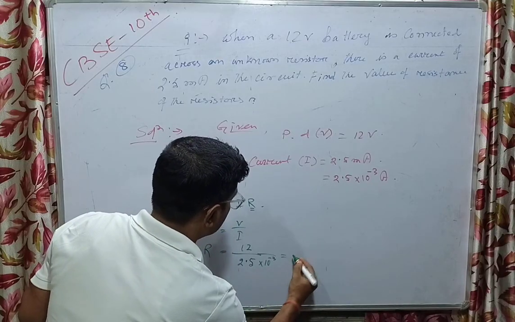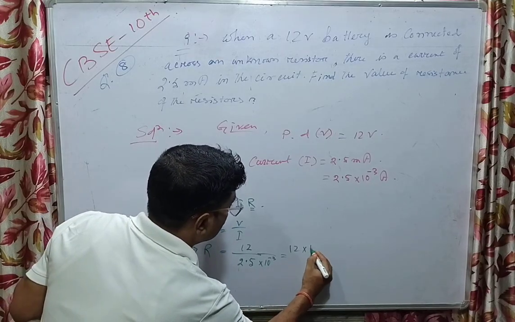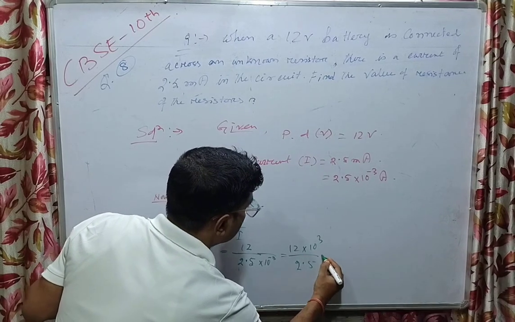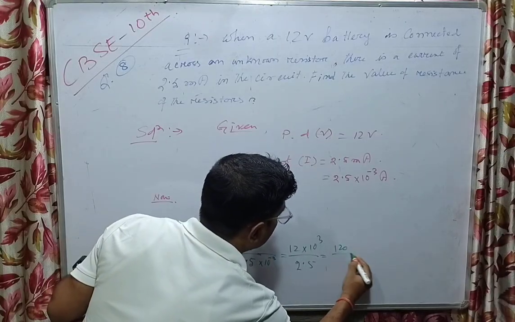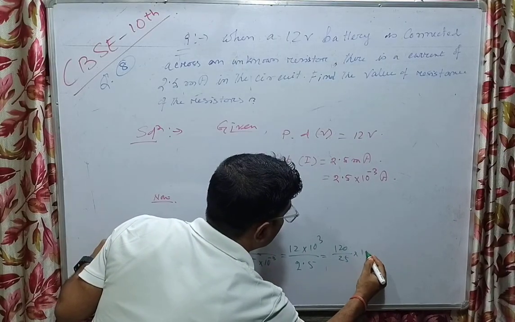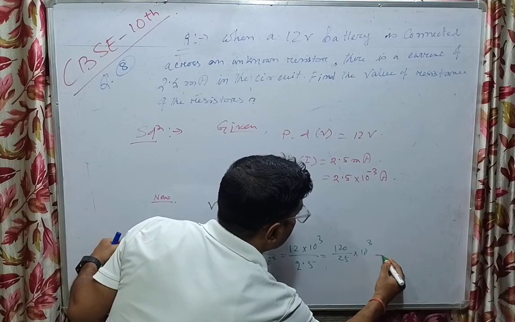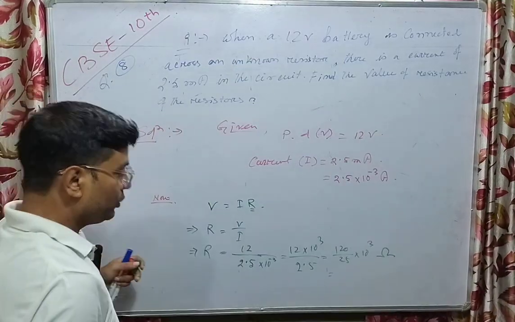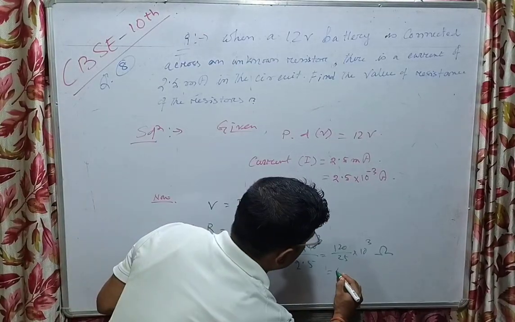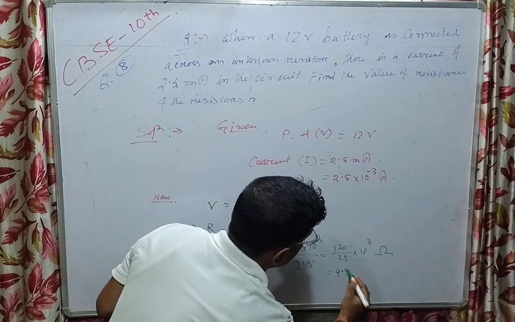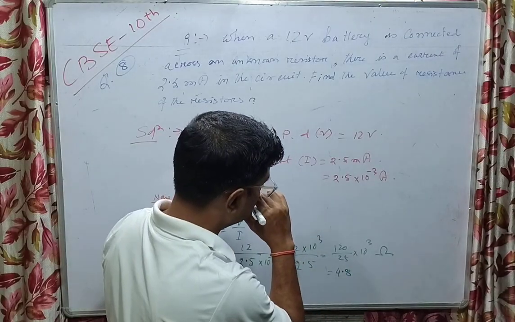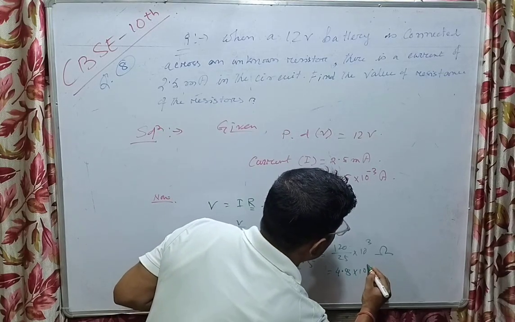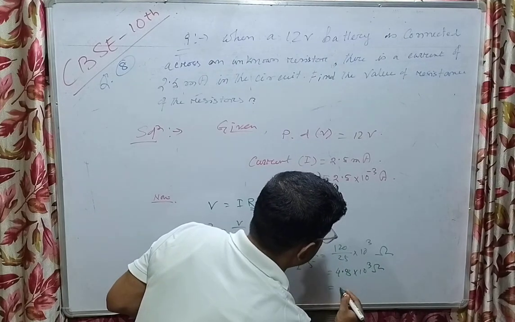So R is equal to 12 into 10 cube by 2.5, which is 120 by 25 into 10 to the power 3 ohm. If 120 is divided by 25, you will have 4.8. So 4.8 into 10 cube ohm.